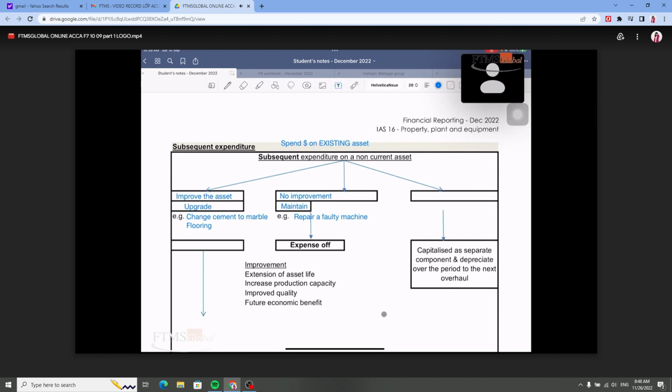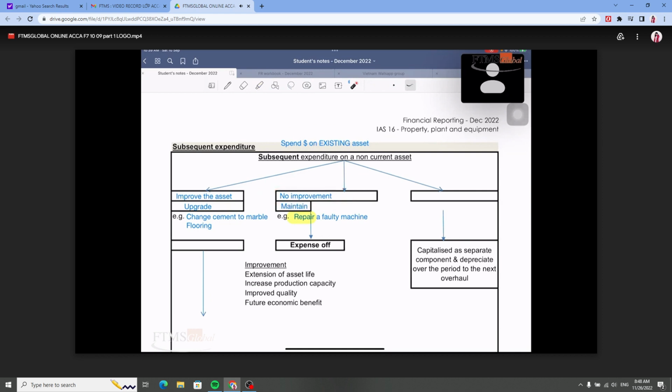If you Google the meaning of the word repair, they will tell you repair means restore or bring back to the original state. Restore or bring back to the original state. So in other words, it means to say there's no improvement.